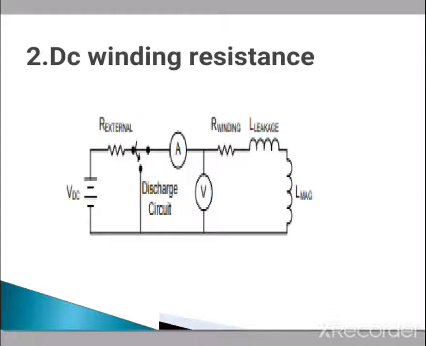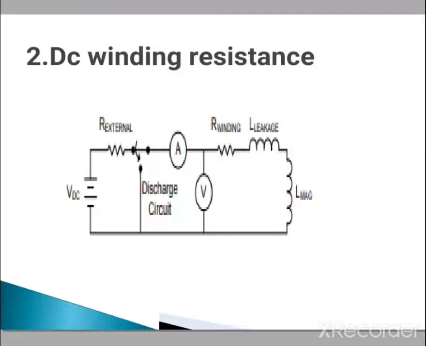There are a number of considerations that must be taken into account when performing DC winding resistance testing, such as configuration, current, voltage test level, temperature compensation, and safety. These are the different points we have to take into consideration.